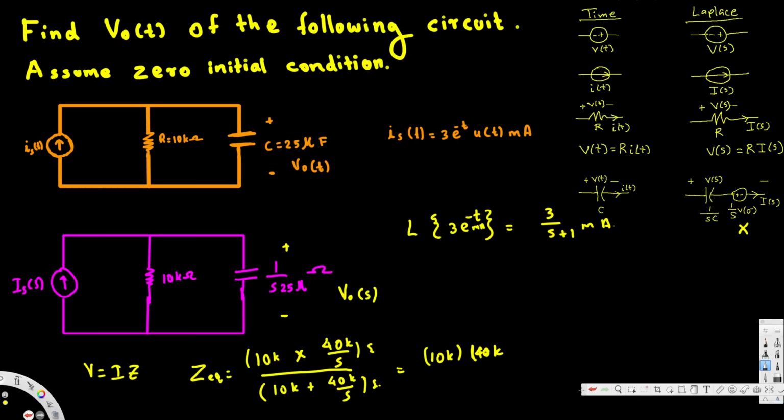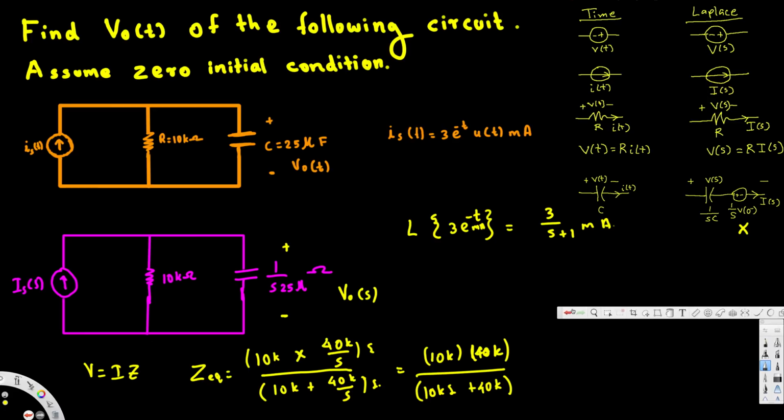In the denominator we will have 10K times s, plus 40K because the s cancels there. This is what we get. Now let's continue with a different color because we have so much going on. So this is what our impedance is.